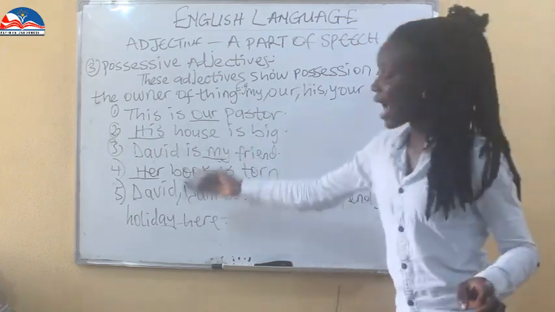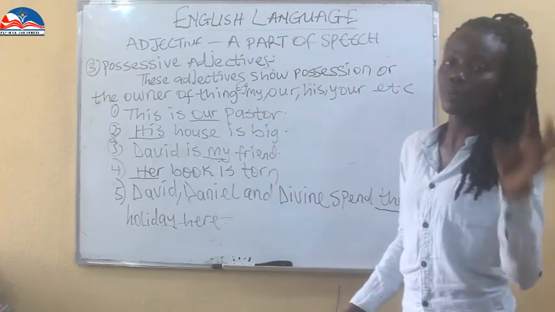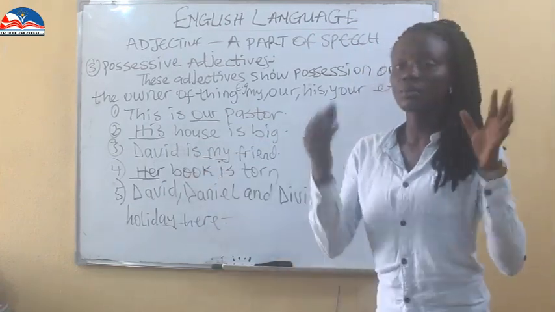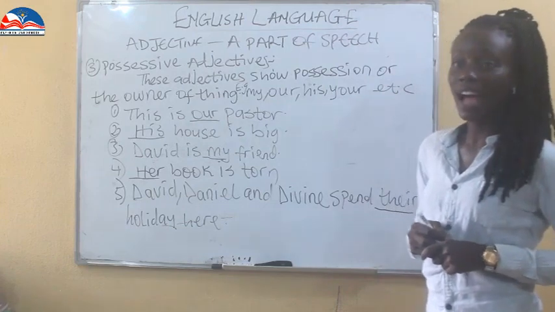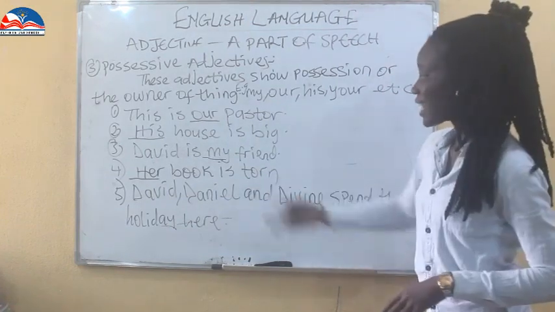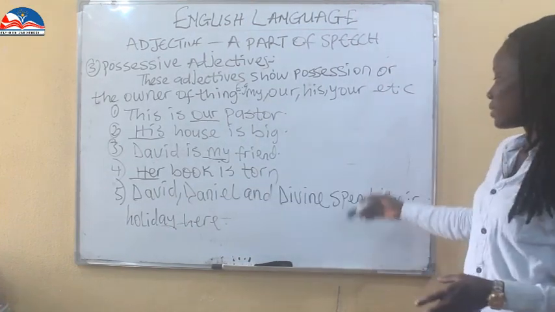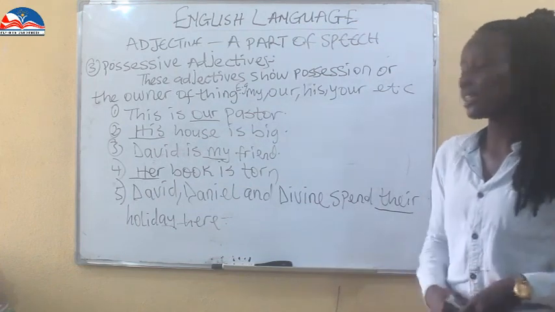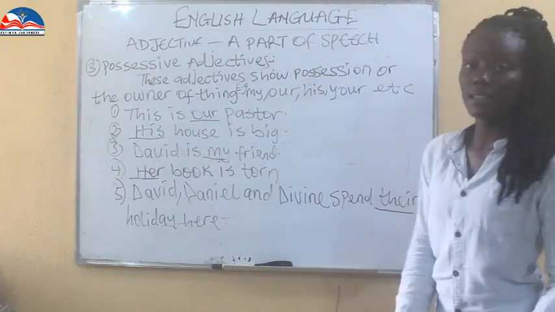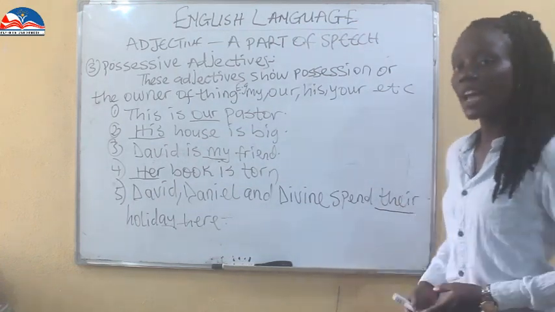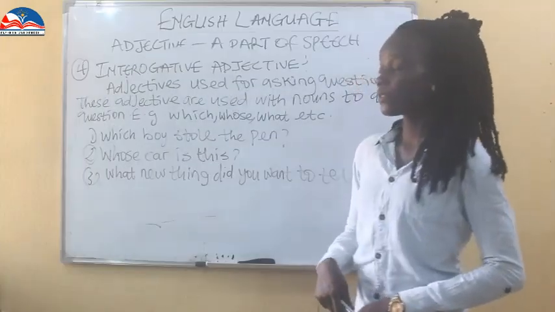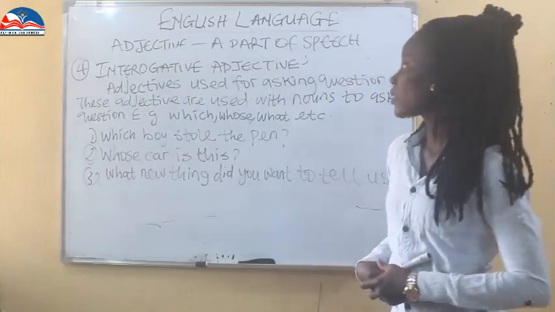Whose book? Our is showing what? Ownership, possession. Our is the possessive adjective. Lastly, David, Daniel, Divine spent their holiday here. Their is the what? Possessive adjective. Possessive adjective is also a type of adjective.